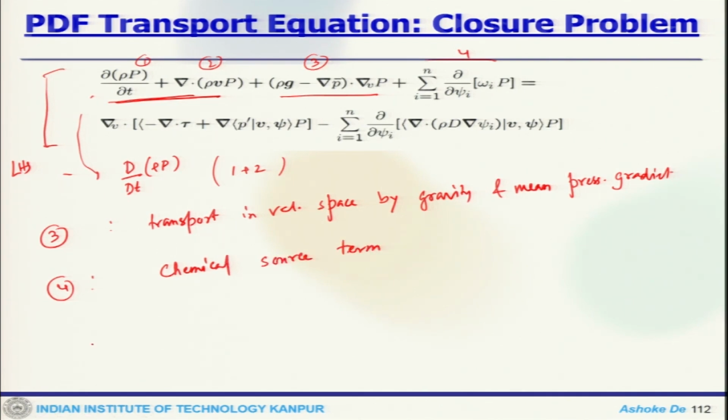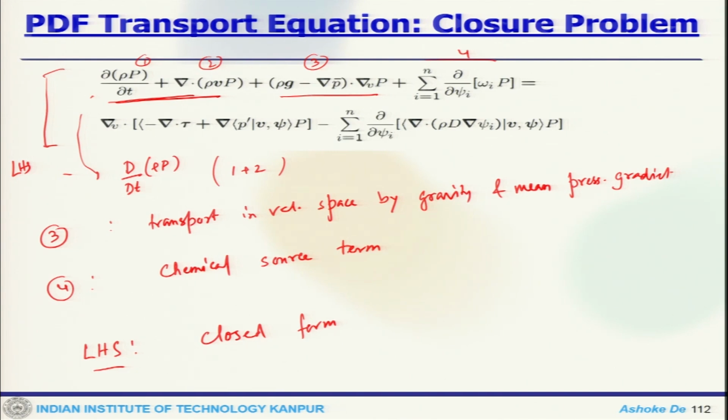If you look at all these terms on the left hand side, they are all in closed form. They are all local in physical space. So, on the left hand side there is no unclosed term.